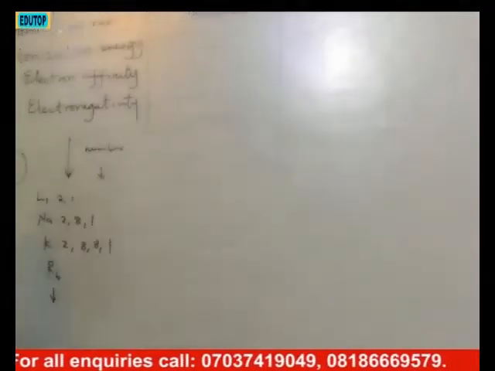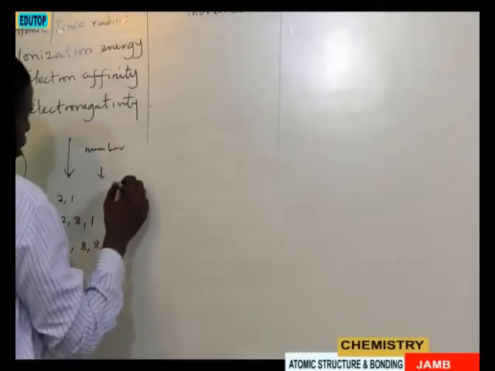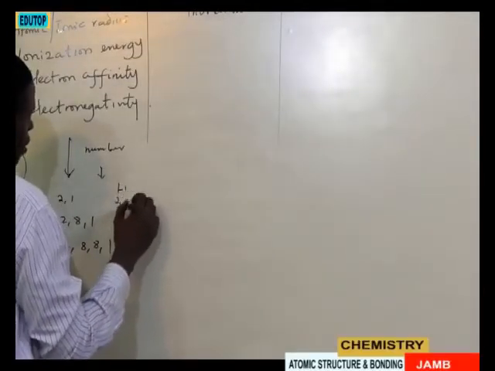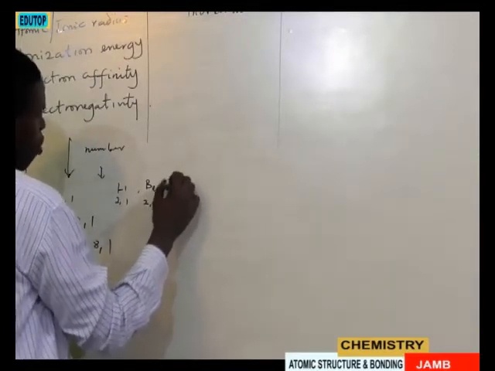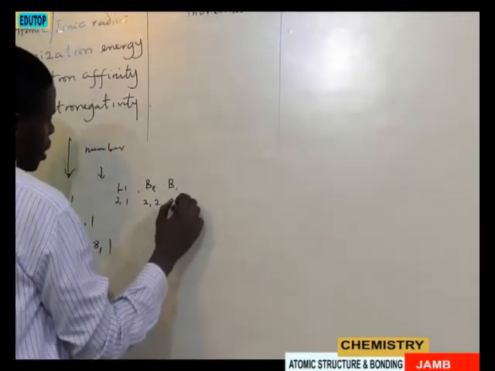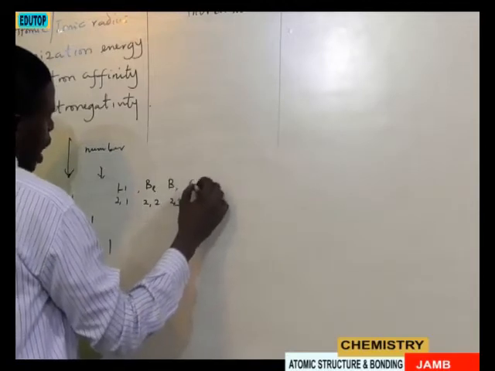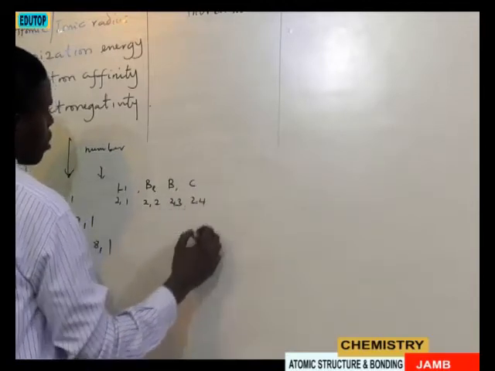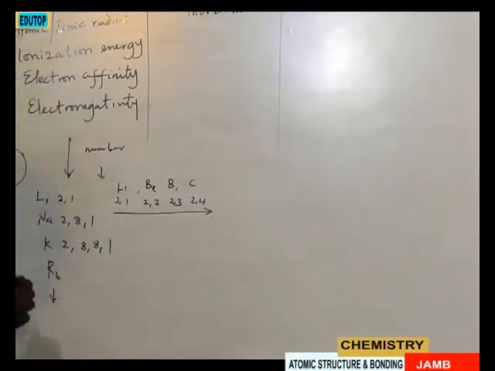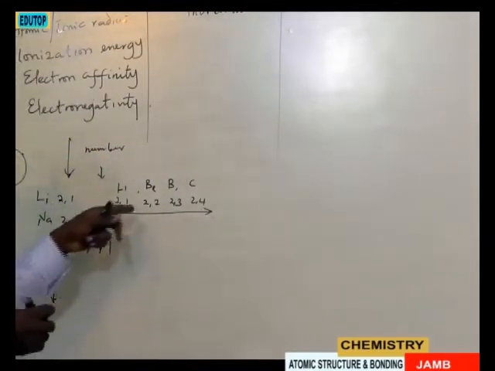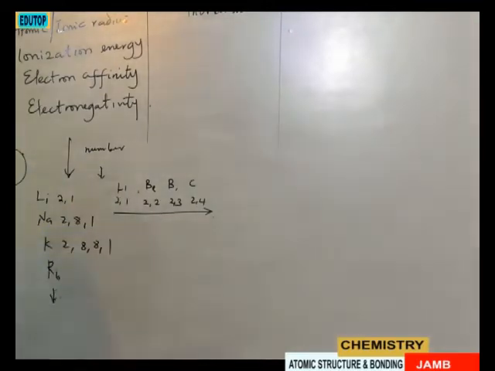But across the period where you are having, let's say, lithium, that's 2,1, beryllium, which is 2,2, boron, 2,3, carbon, 2,4. So as you are moving across the period, what happens? There is additional electron.